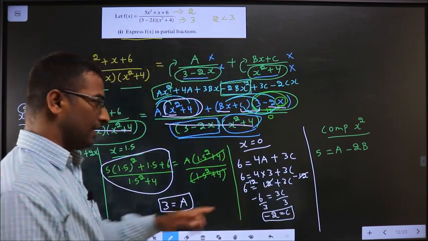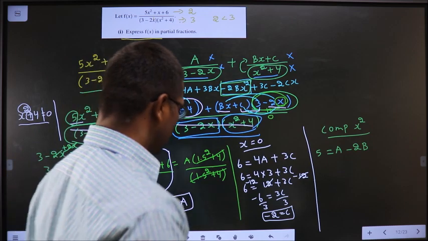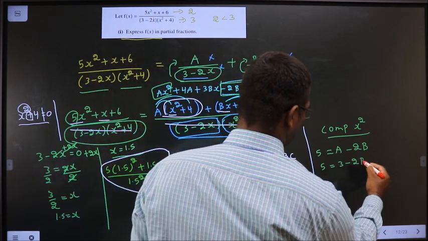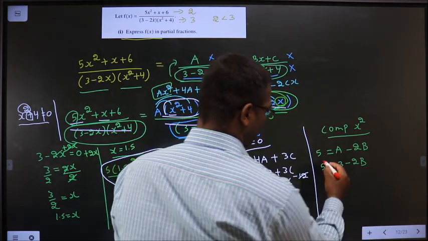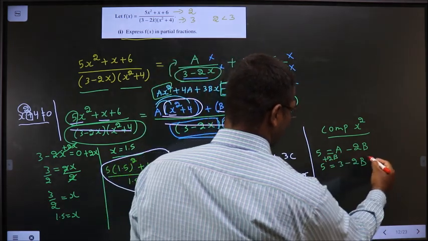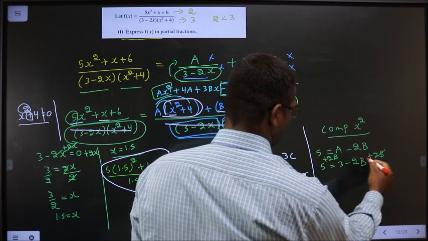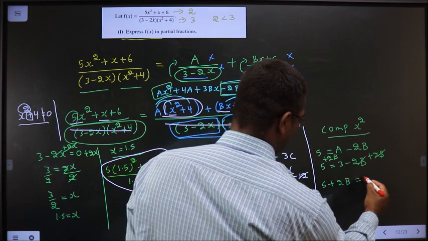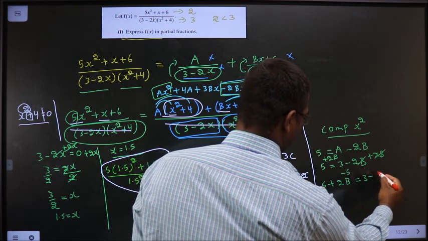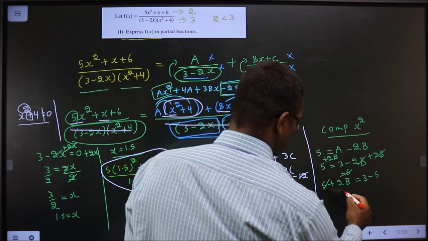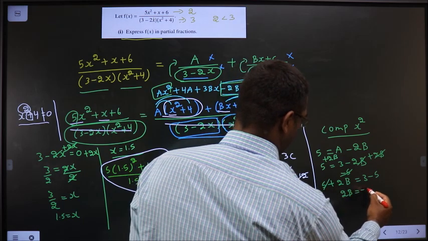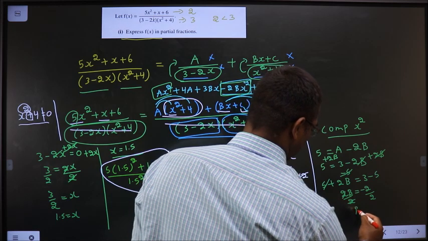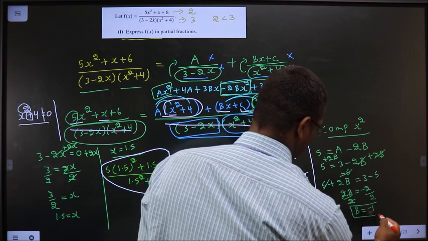We have a, replace it there. So a is 3. So 5 equal to 3 minus 2b. Now add 2b on both sides. So plus 2b plus 2b. This cancels out. 5 plus 2b equal to 3. Now subtract 5 on both sides. This cancels out. 2b equal to minus 2, now divide by 2. So I get b to be minus 1.